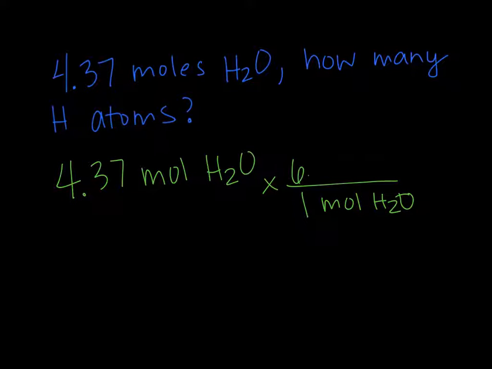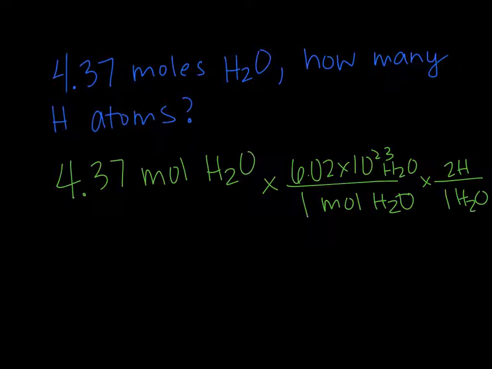It gives me 6.02 times 10 to the 23rd H2Os. So it's just given me the number of H2Os. But in one H2O, I have 2 hydrogen atoms, and so that gets me to the number of hydrogen atoms. And so I end up getting 5.26 times 10 to the 24th hydrogen atoms.